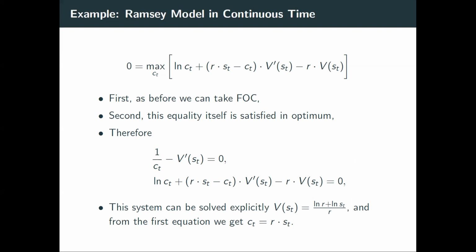Eventually you arrive at the value function being equal to this: some constant plus log of st divided by some constant. And from the first equation, you then find the policy function, that is, your consumption is always a share of your savings. But that is actually irrelevant.